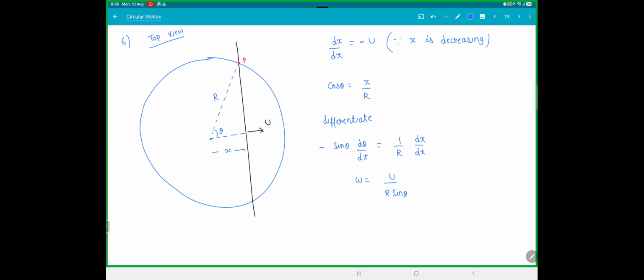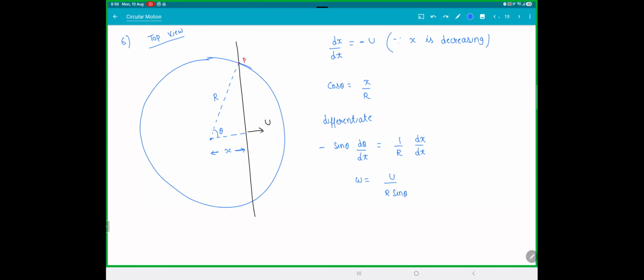If they had asked you to find the speed of point P, that would have been different. How will you find the speed of point P? The coordinates will be r cos theta, r sine theta, then you have to differentiate that. Would you get it? Or you can actually say the speed of point P's horizontal component is u, if you can figure that out. Clear with this? That's right anyways.